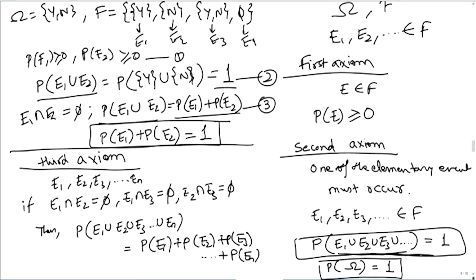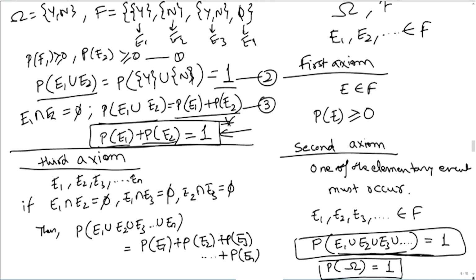Now that probability assigner function must satisfy this constraint. And what is this constraint? That it assigns probability values in such a way that the probability of E1 plus the probability of E2 is equal to 1. Okay. So, whatever probabilities it assigns to the elementary events, the summation of those probabilities is equal to 1. So, that is the constraint the probability assigner function must satisfy.